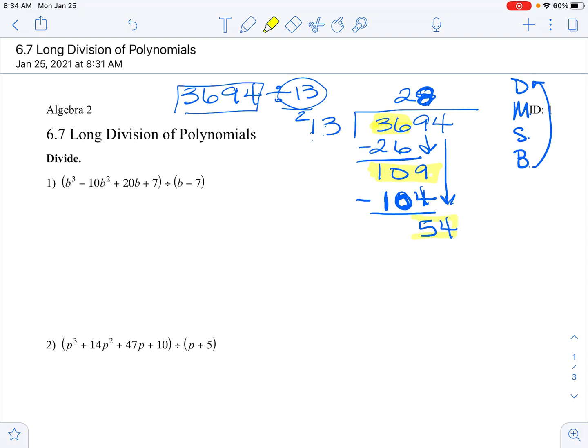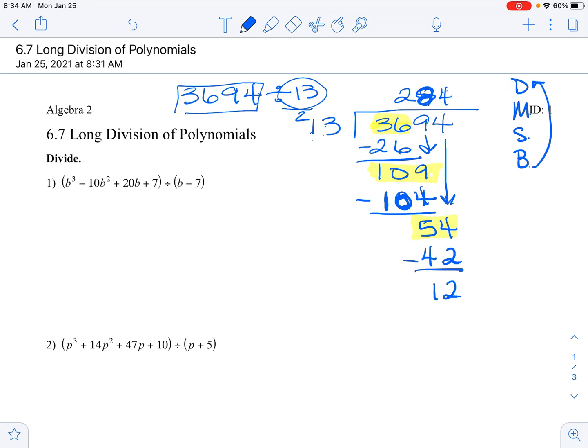Now we're dividing 13 into 54. So 13 goes into 54 4 times. So that's 12, carry a 1, 42.